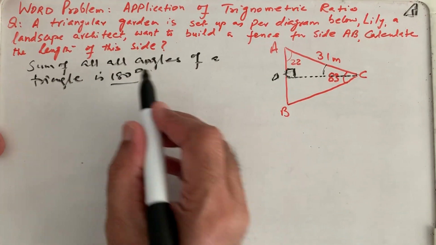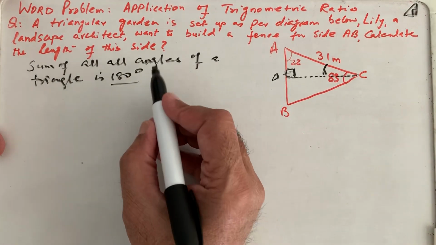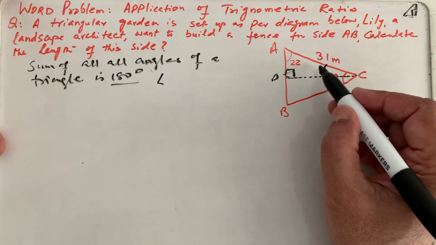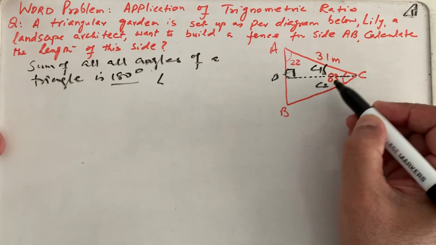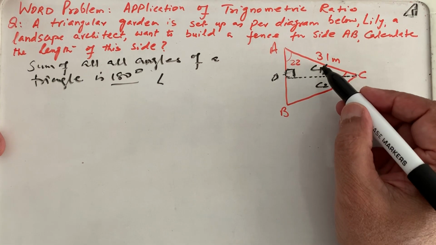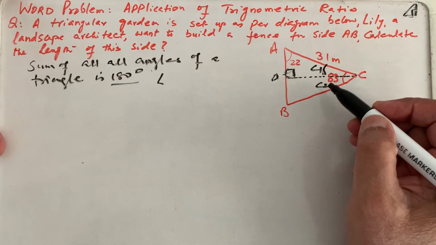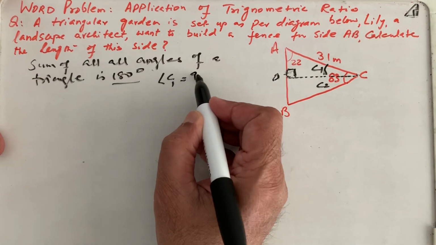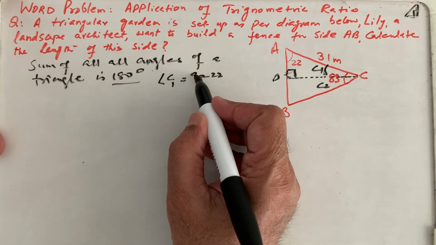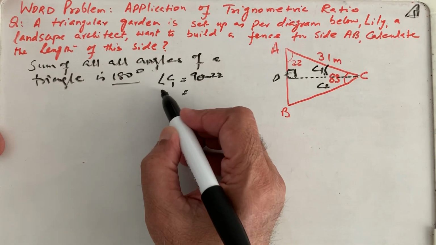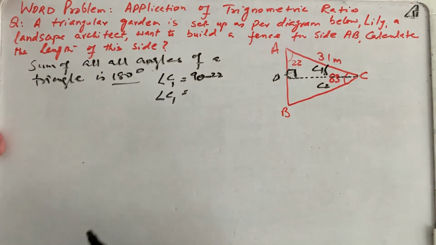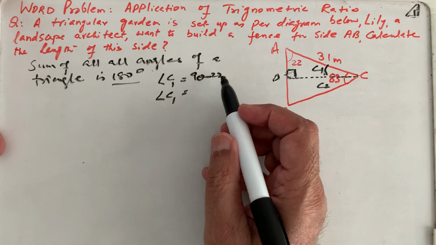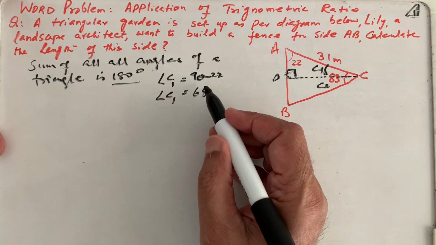So this angle we can say is C1 and this is C2. Angle C is divided into two angles, one angle is C1, the other angle is C2. So measure of angle C1 is equal to 90 minus 22. So measure of angle C1 is equal to 68, right? 90 minus 22 is 68. So this one is 68.